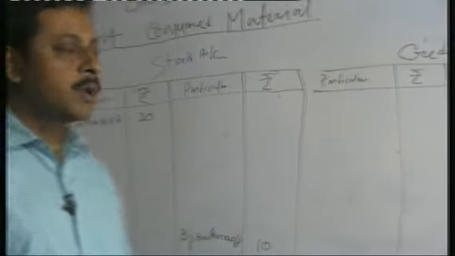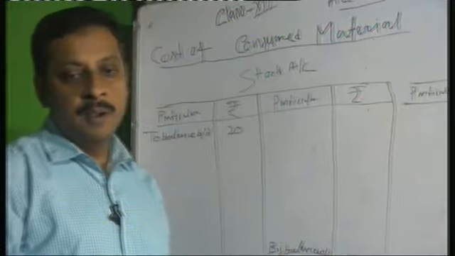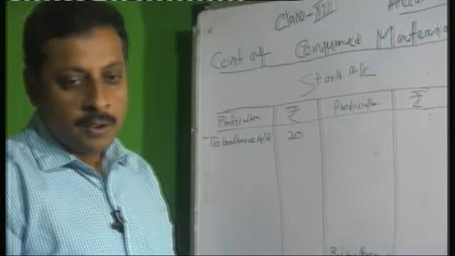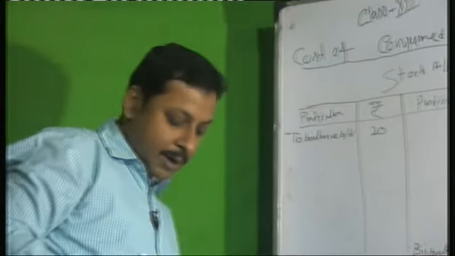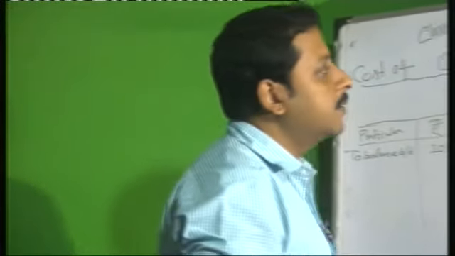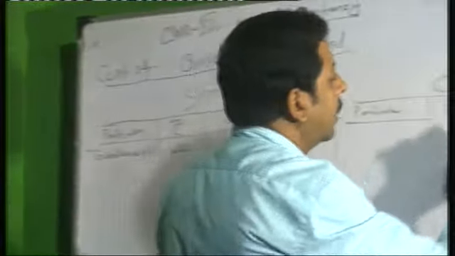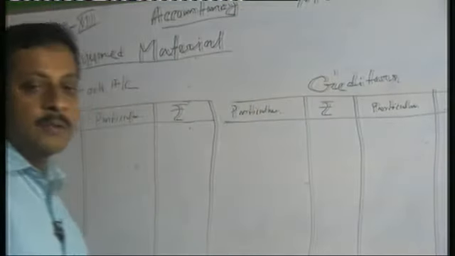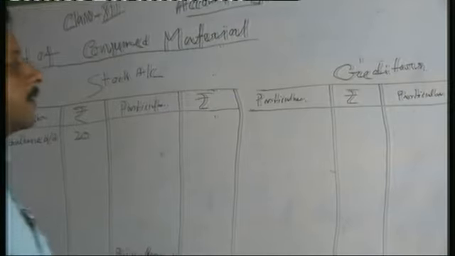In creditors, stock is our asset and creditors is our liability. We take credit from the creditors and we have to pay the money later. So creditors is our liability, and when there is a liability, we know the balance will come on the credit side.